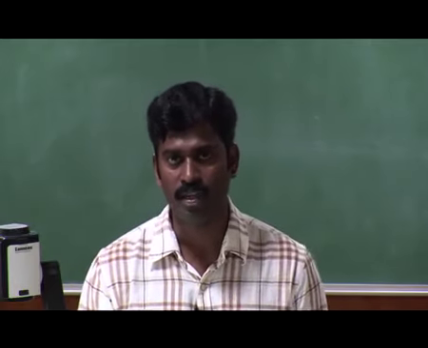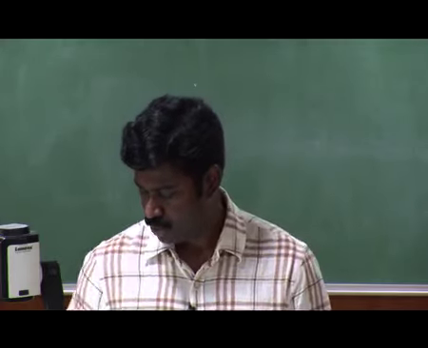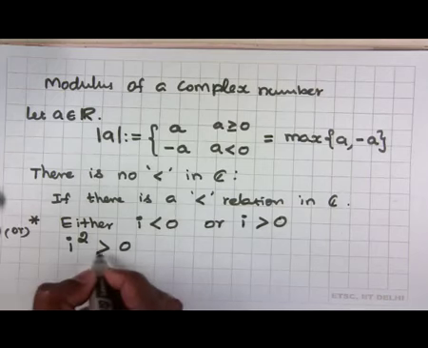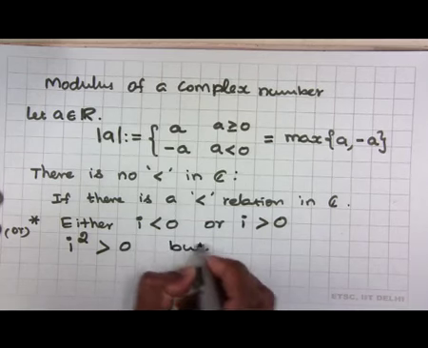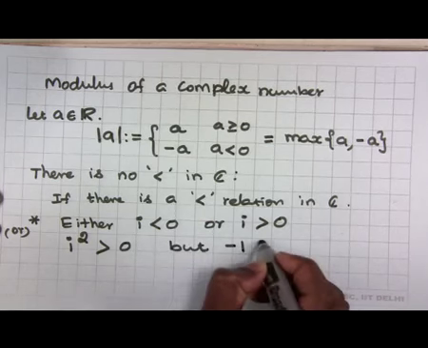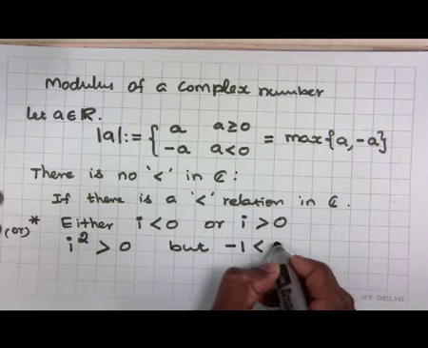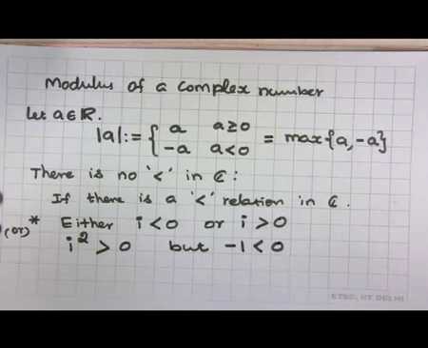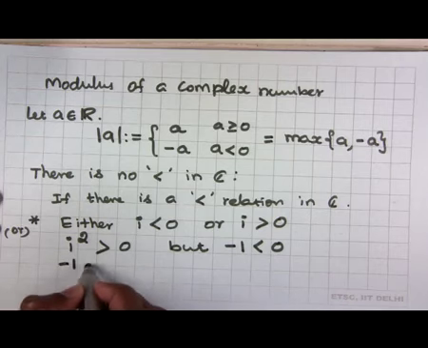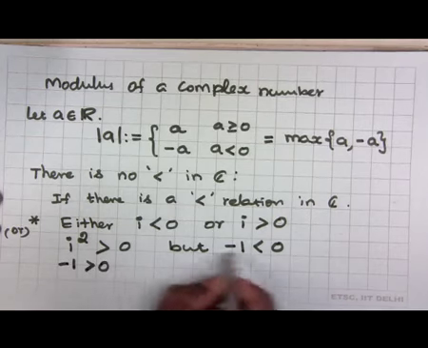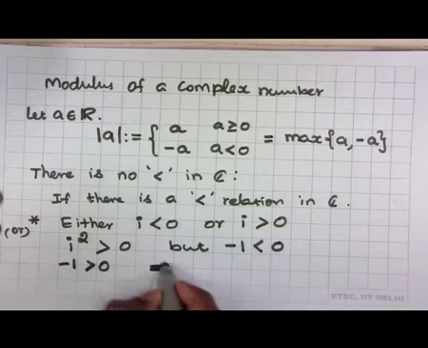So i square must be greater than 0, but i square we know is minus 1, which is less than 0. So this relation tells you that minus 1 is greater than 0, but we have this, that is a contradiction.